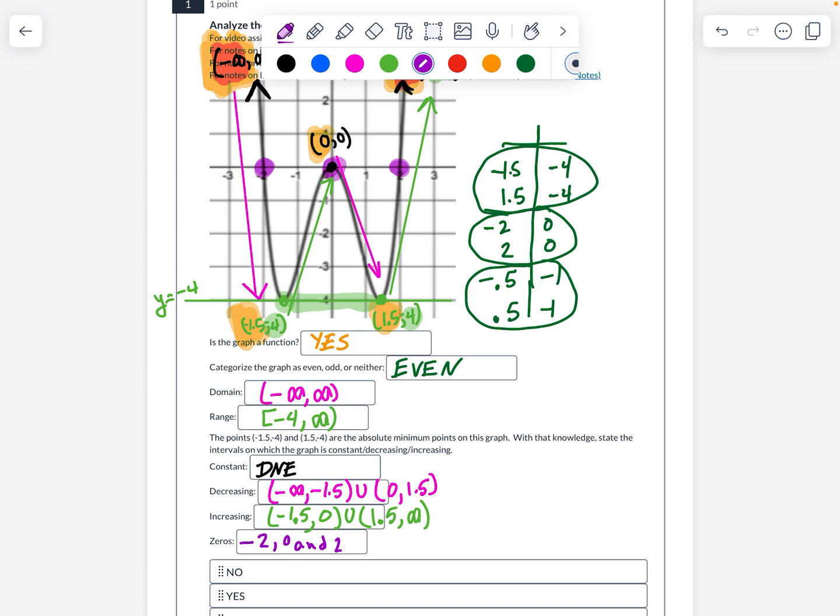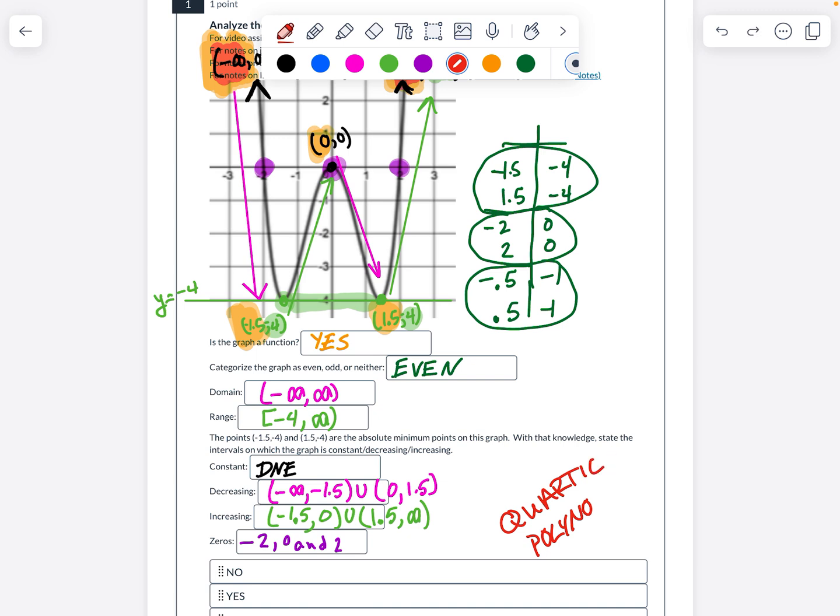By the way, not that I asked the question yet, but I will. But this is a cubic polynomial. No, it is not. Mrs. Leonard. It is a quartic polynomial.